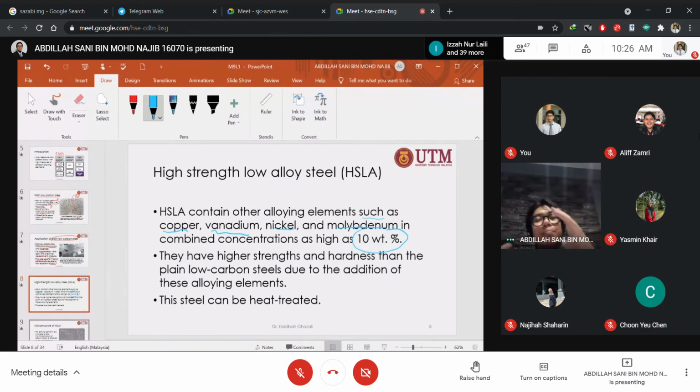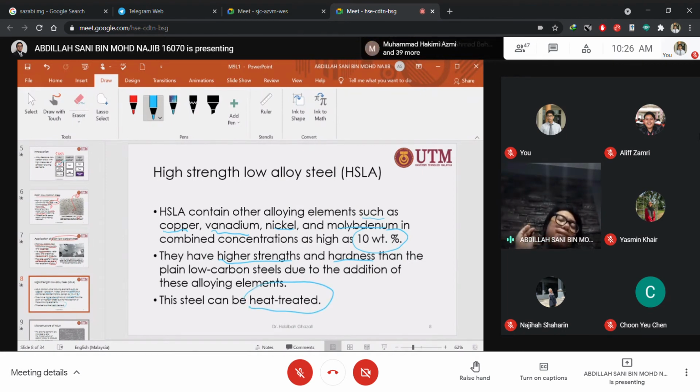It itself is in tensile, but if it is smaller, then the surrounding will experience the tensile. So anyway, the more the alloying element, the higher the strength, right? So it has higher strength, higher hardness compared to plain low carbon steel. And this steel can be heat treated.